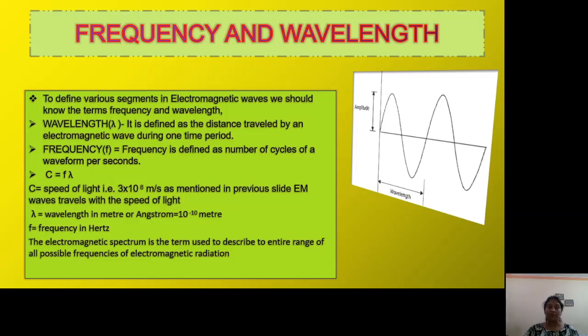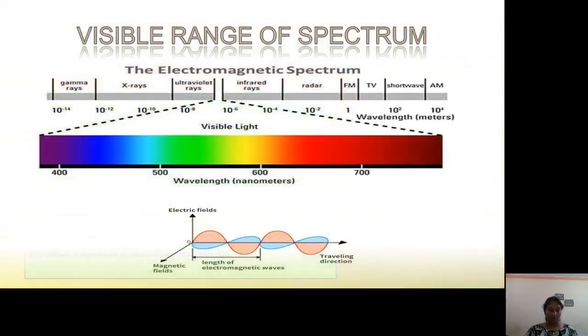Electromagnetic waves can be split into a range of frequencies like radio waves, microwaves, ultraviolet rays, infrared rays, X-rays and gamma rays.